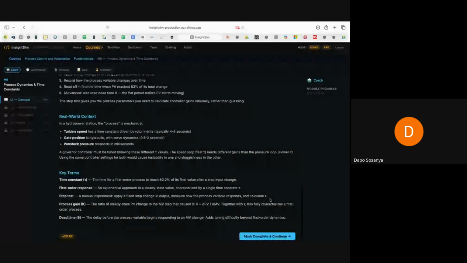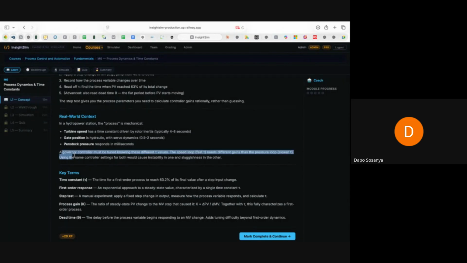So, real world, in a hydropower station, the process is mechanical. Turbine speed has a time constant driven by motor inertia, typically 4 to 8 seconds. Gate position is hydraulic with servo dynamics, 0.5 to 2 seconds. Penstock pressure response is in milliseconds.